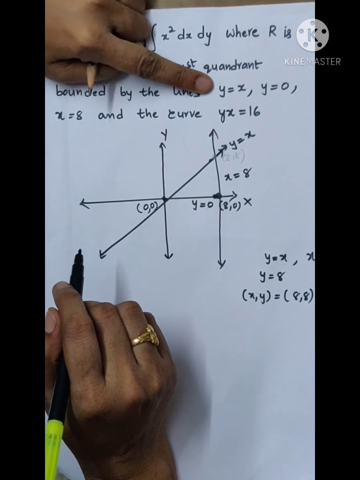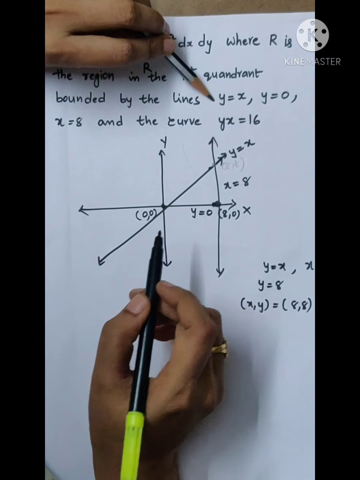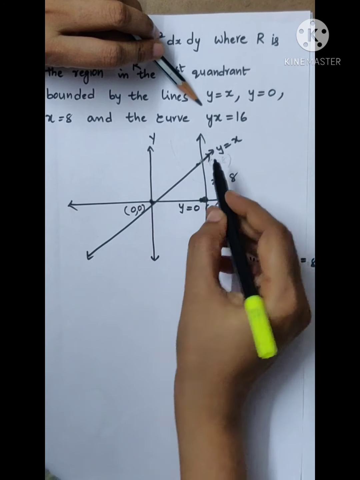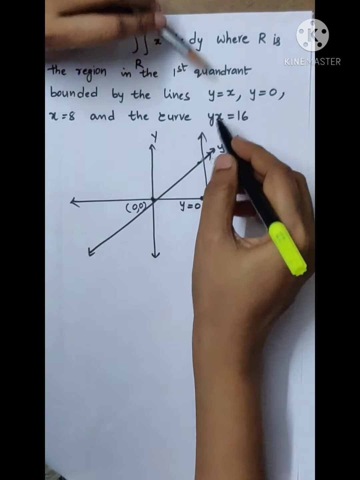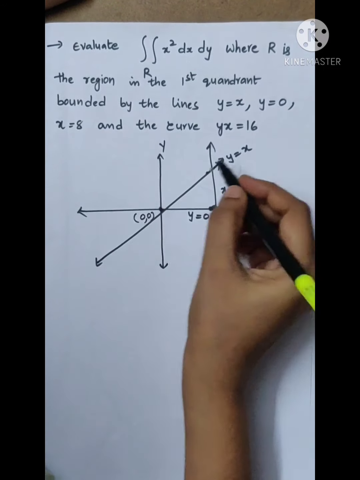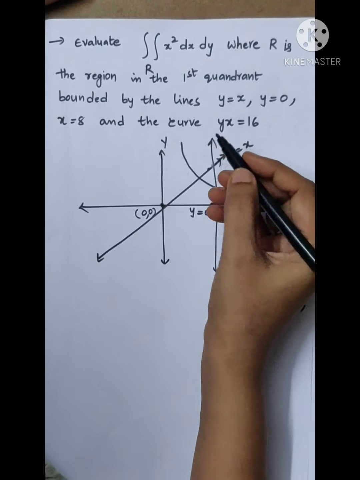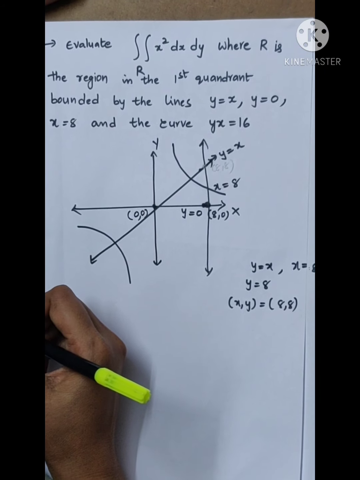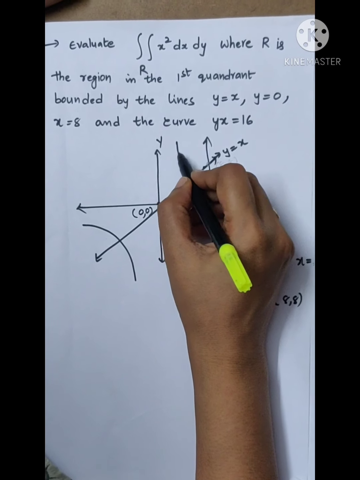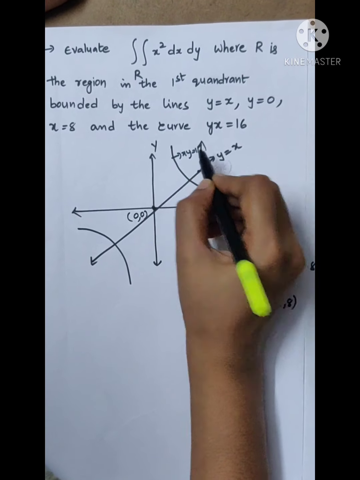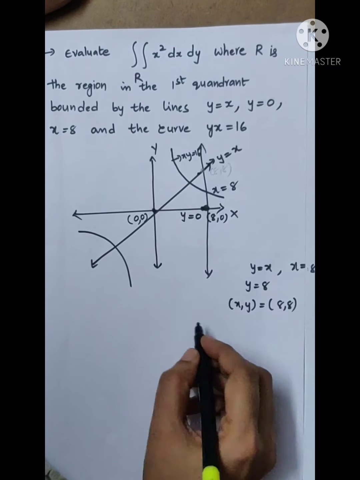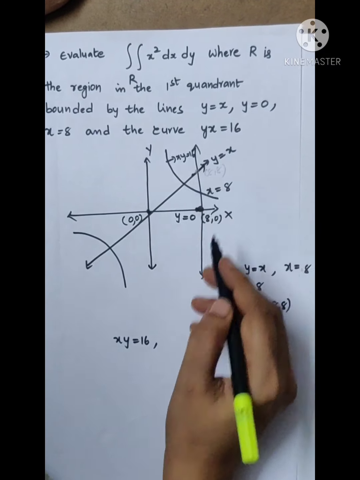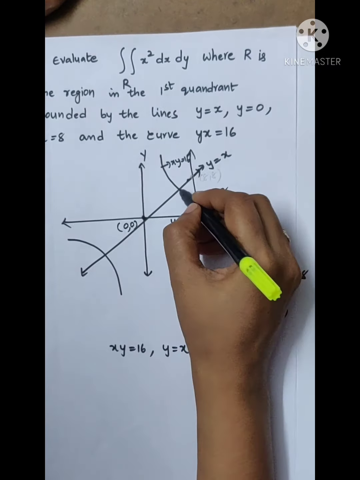Here, observe the region. The region is bounded by the line y equal to x, y equal to 0 which is the x axis, x equal to 8 and the curve xy equal to 16. Xy equal to 16 is symmetric about opposite quadrants. So this represents xy equal to 16. It intersects y equal to x at this point.